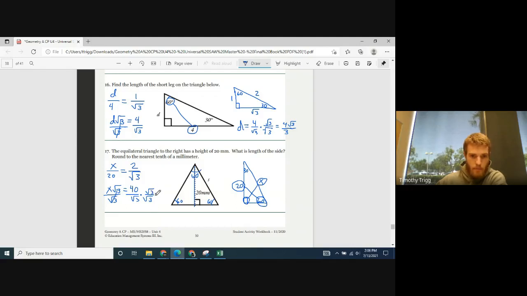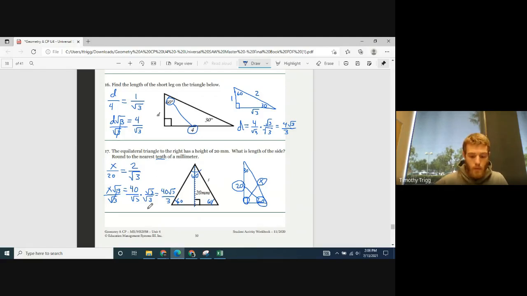So that'll give me on top 40 square root of 3 over square root of 3 times square root of 3 is just 3. So it gets rid of the square root. Now it says they want it to the nearest tenth of a millimeter, so they want it as a decimal, rounded to the first decimal place. So I'm going to do 40 square root of 3 divided by 3.